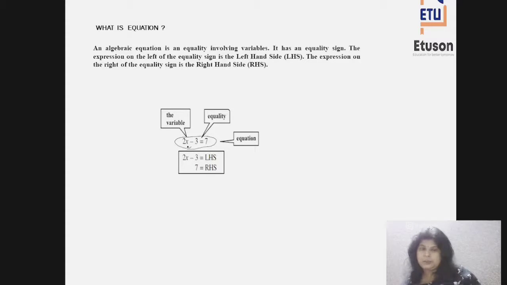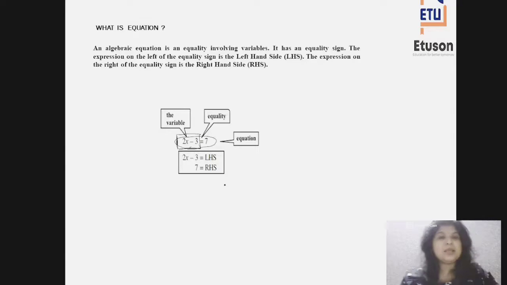So like your previous example, what is x here? X is the variable. And here comes your equality sign. So hence it is called equation, and this part, that is 2x minus 3, is your LHS, and the constant 7 is in your RHS.